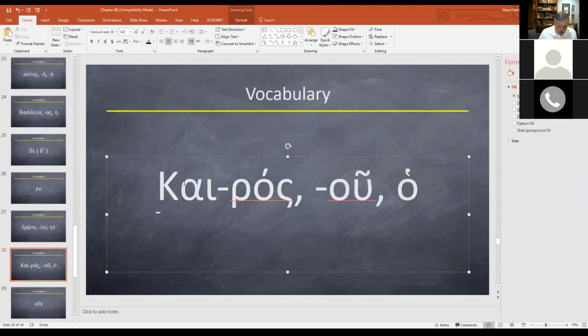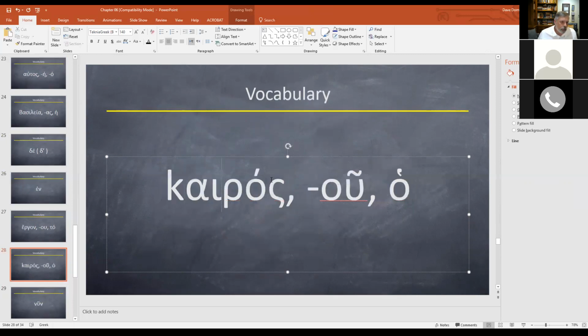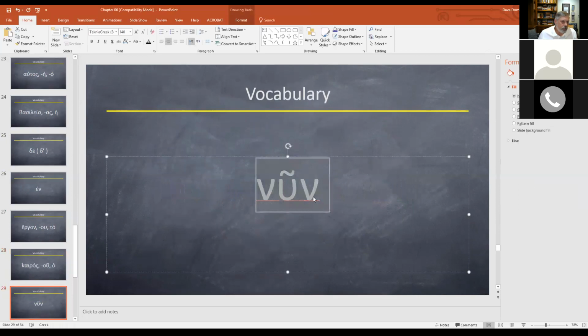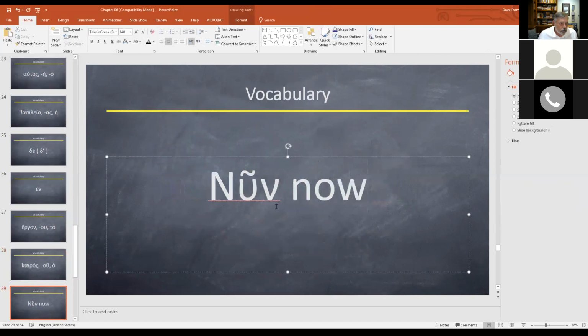So kairos means time or season, and there's my masculine singular there. Nun is a particle, and it means now. So the nice thing about that, it's very similar to English. Nun means now. It's not exactly the same, but it's close.